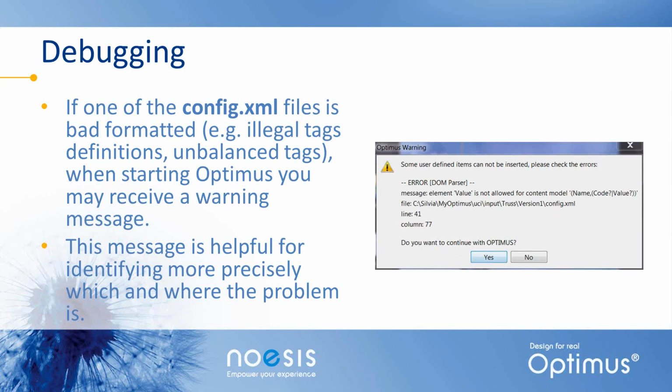For example, here it's telling me that I have a problem at line 4177 for the input UCI of version 1 of my truss. So I can go there and see what is going on.